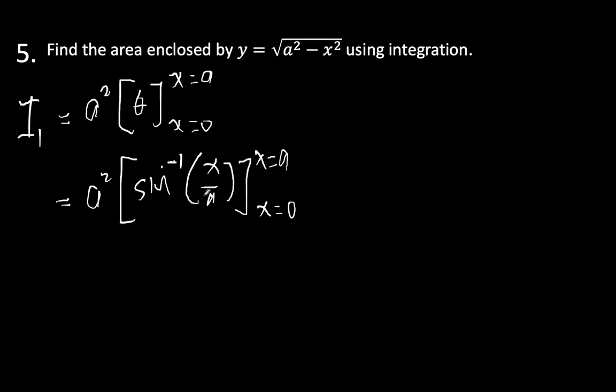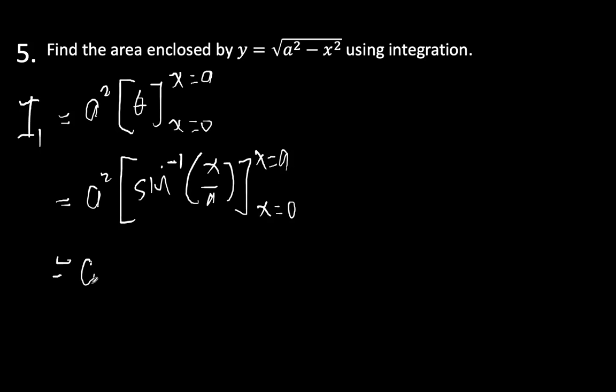Since we have already expressed theta in terms of X, or the inverse of sine of X over A, we're now ready to substitute the values of X, which are 0 and A, as the upper and lower limits.